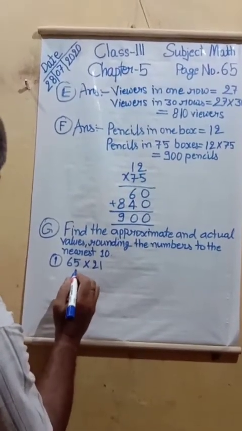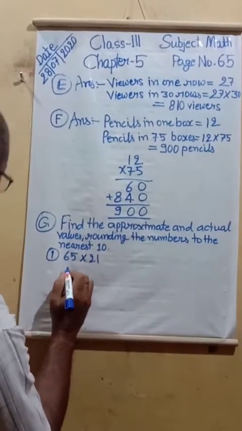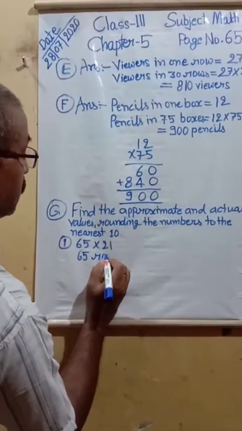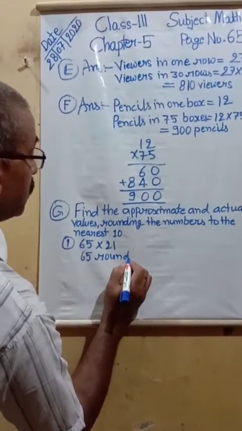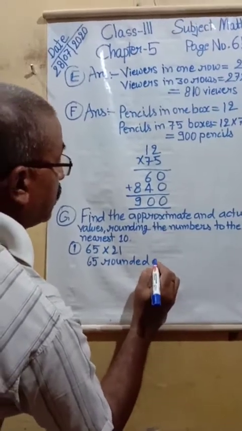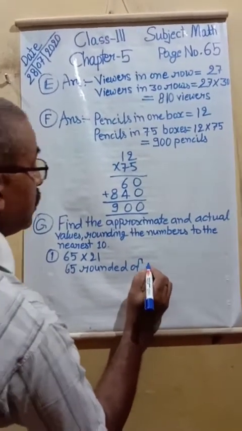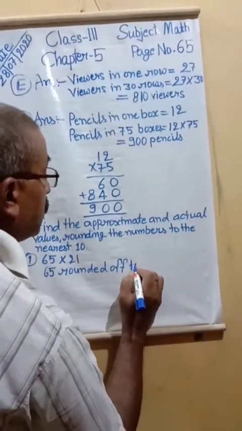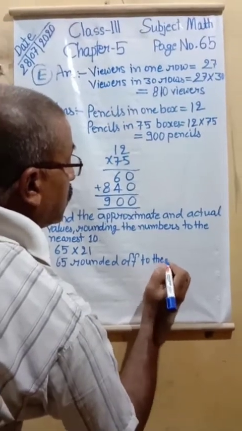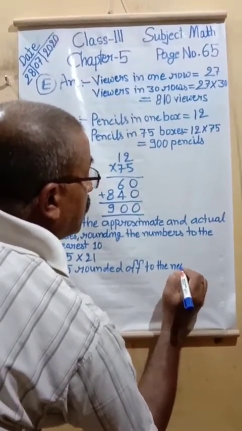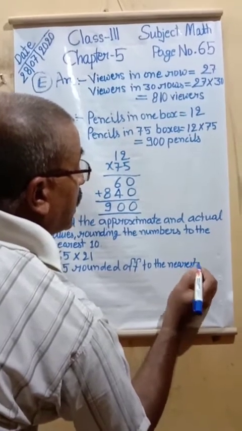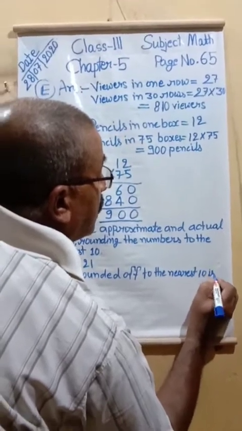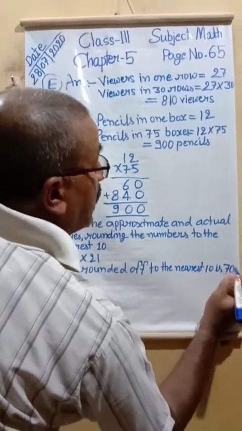Then we will write here 65 rounded off to the nearest 10 is 70.